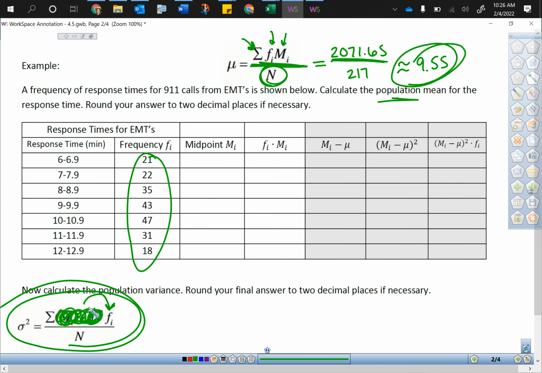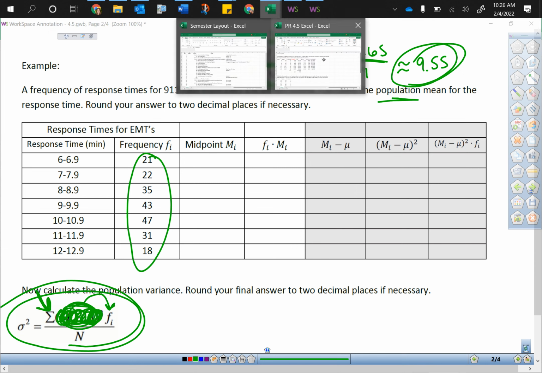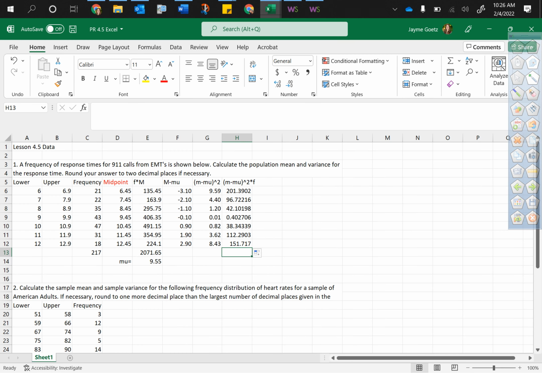So we took all the midpoints, we subtracted the mean, we squared them, we multiplied by the frequency. Now what do I need for that? We need the sum of all of those. Now check this out, guys. You are more than welcome to come down here and type in equals sum and highlight all of them again. It doesn't take that much time. Mathematicians are lazy. I'm as lazy as they come. You can ask my husband.